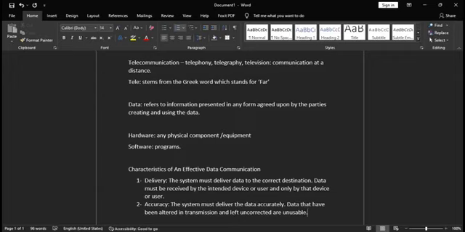But if while transmitting there is corruption in the data, then when it is delivered to the other person, it's not going to be accurate. You understand? It's not going to be readable, it's going to be unusable as suggested there. So that is accuracy. Now, the third characteristic is timeliness.